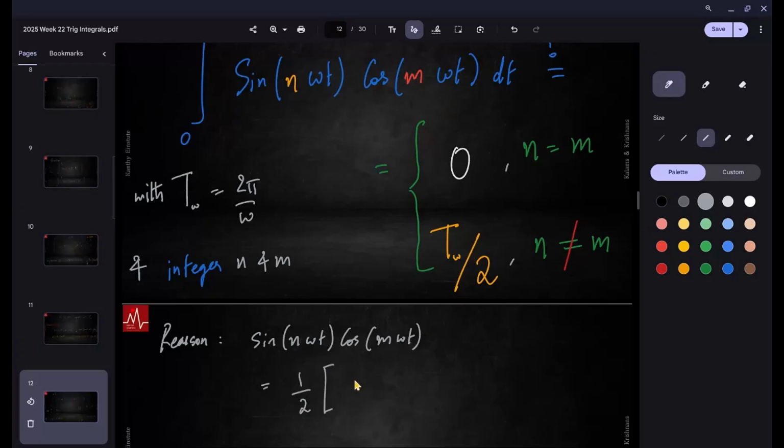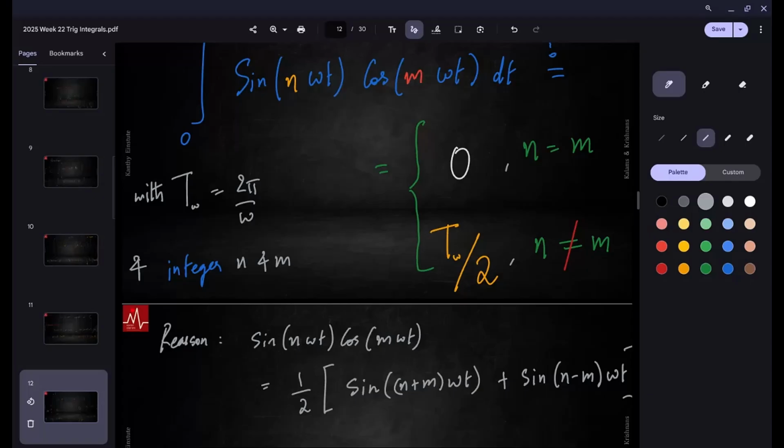sine n plus m omega t, sine n minus m omega t. Okay, now is this changing based on whether n equals m? Both are sines, I suppose, right?